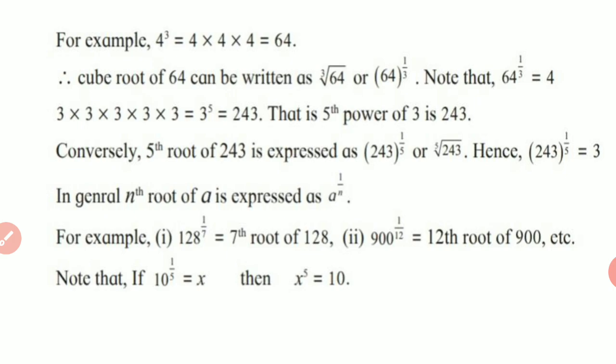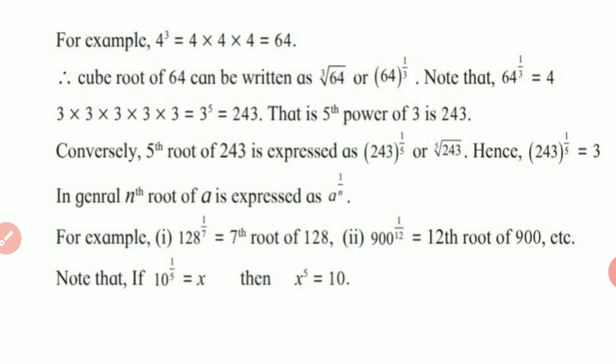3 into 3 into 3 into 3 into 3 is equal to 3 raised to 5. That means 243. That is, fifth power of 3 is 243.